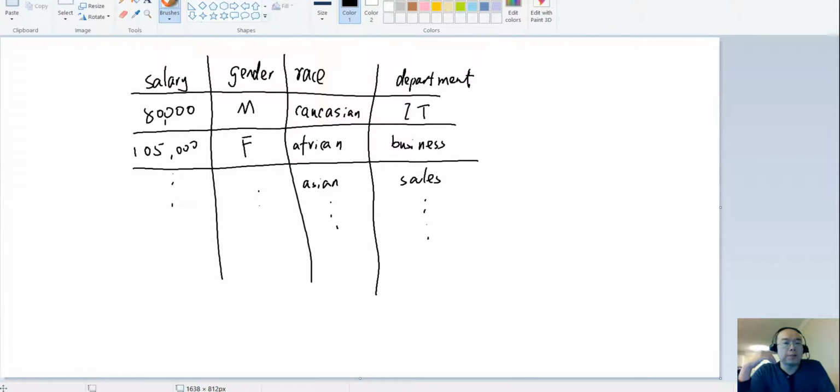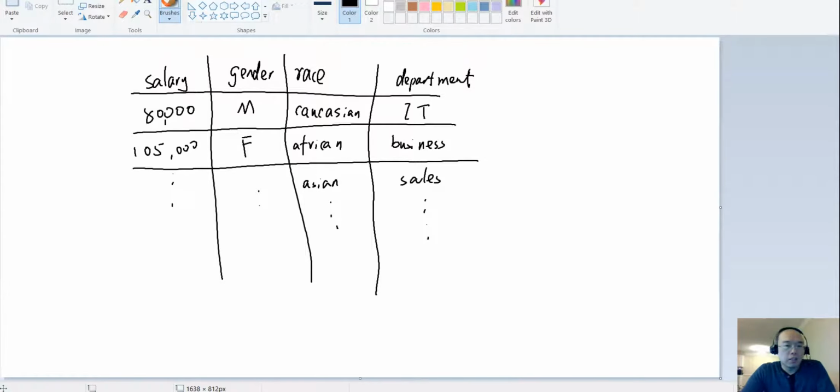How about the race? There are probably a couple of different races, so we have to do the one hot encoder. And for the department, IT, business, sales, we have to do the one hot encoder as well. So, using the techniques we have learned from this course, we can process the data for sure.